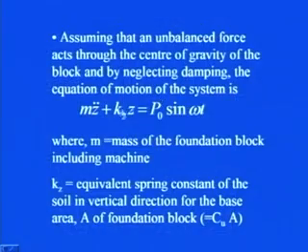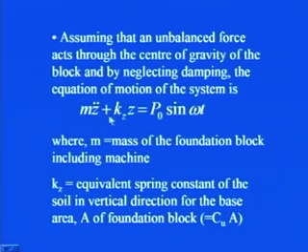So, you can see here that this was the external force, this is the force which will be there in the system due to the spring which represents the subsoil with this stiffness Kz. And this m into z double dot is the inertia term, where z double dot is the acceleration, the differentiation of z with respect to time; twice if you differentiate z with respect to time you will get this z double dot.